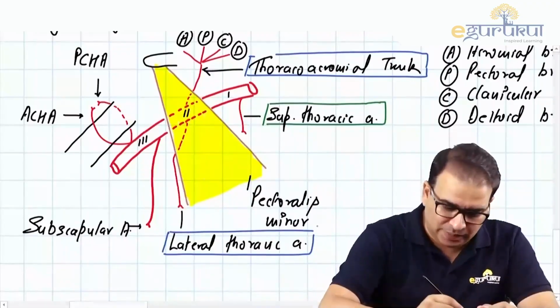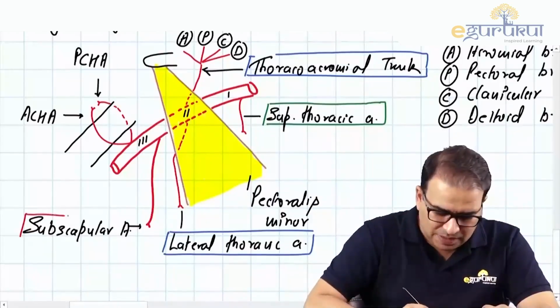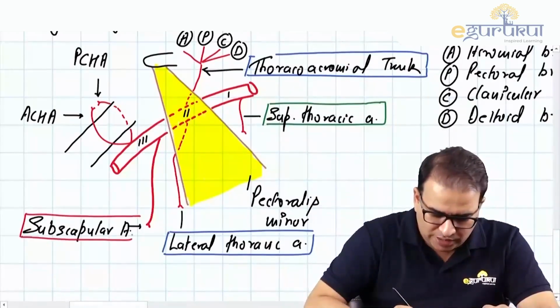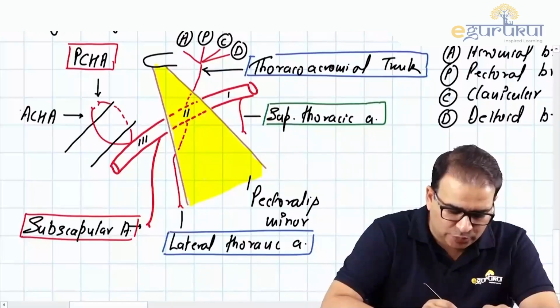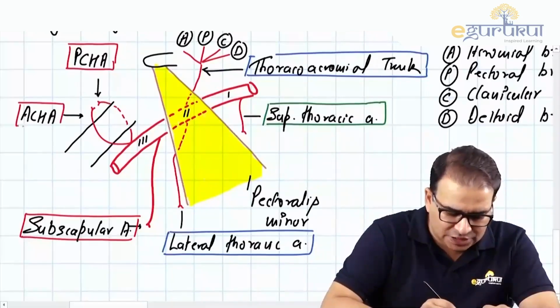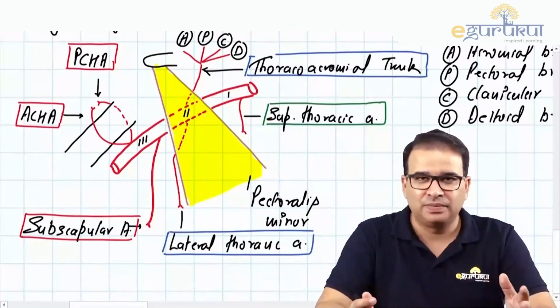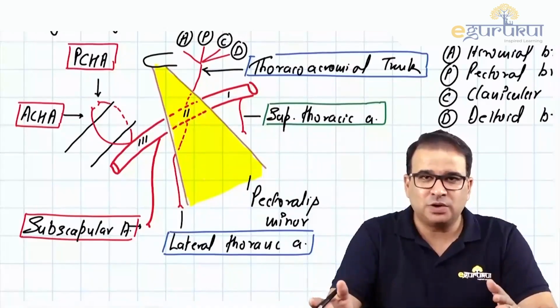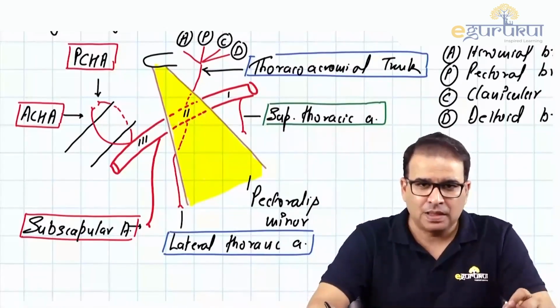Third part, 3 branches. Subscapular artery being the largest branch. I'll tell you more about it. And then we have the 2 arteries which are winding around the surgical neck of the humerus, that is ACHA and PCHA, anterior circumflex humeral artery and posterior circumflex humeral artery. So 1 branch from the first part, 2 branches from the second part, and 3 branches from the third part of the axillary artery.